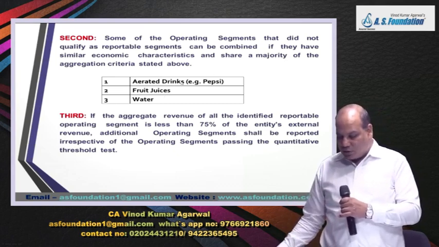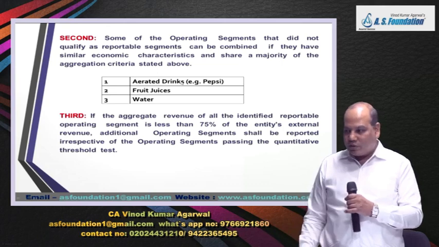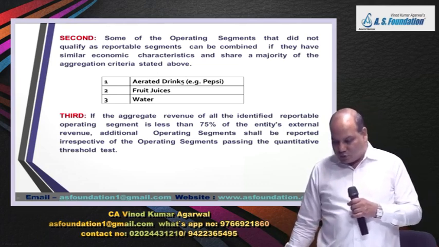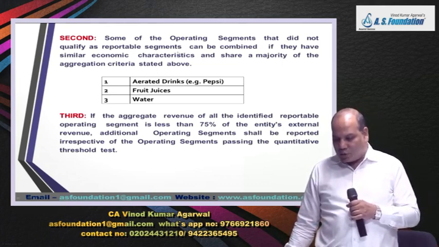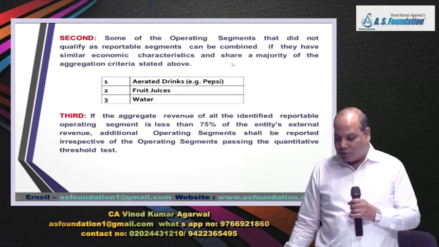So we can club them together and put them as one segment. Some of the operating segments that did not qualify as reportable segments can be combined if they have similar economic characteristics and share the majority of the aggregation criteria.